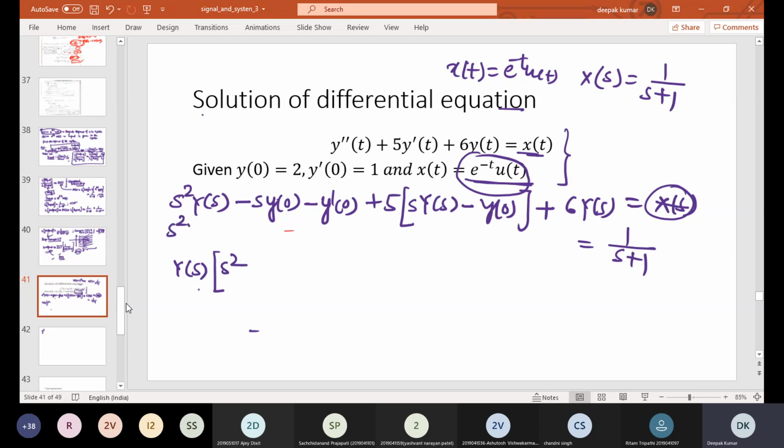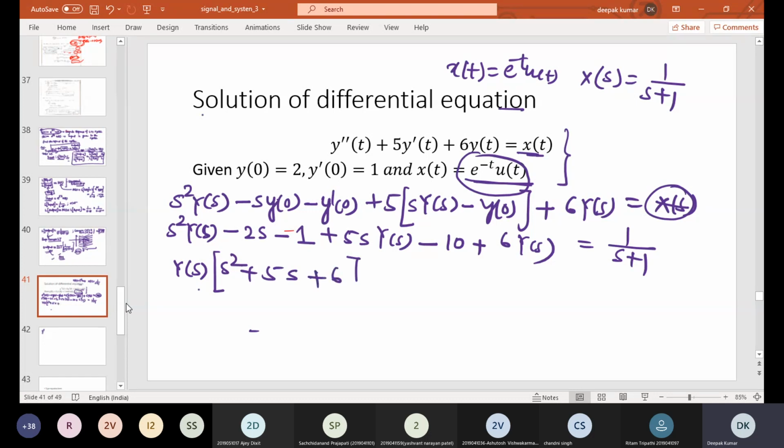Here this term will become, first write this one, minus 2s minus 1 plus 5s ys minus 5s ys minus 10 plus 6 ys. s square plus 5s plus 6 is equal to 1 by s plus 1, and rest everything, this term and this term will come this side, plus 2s plus 11.